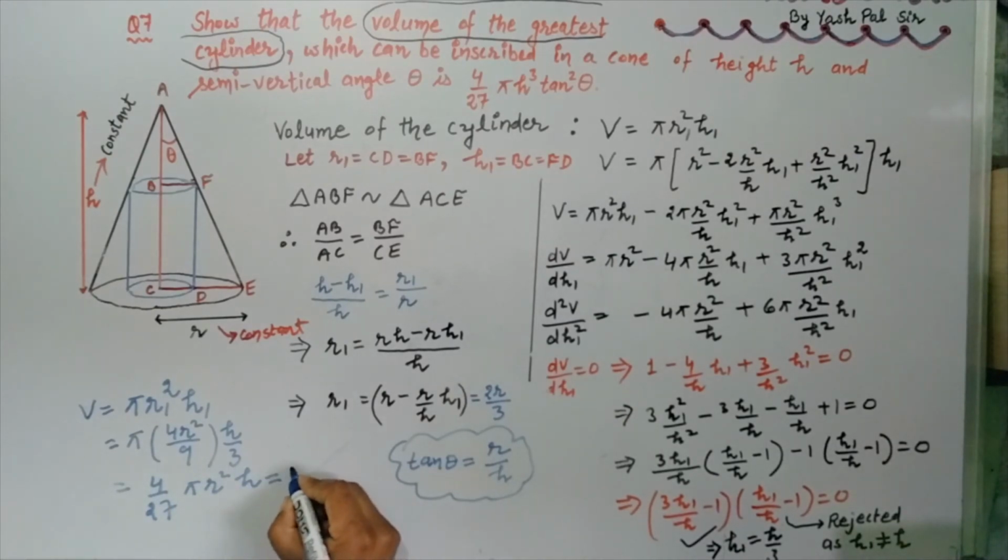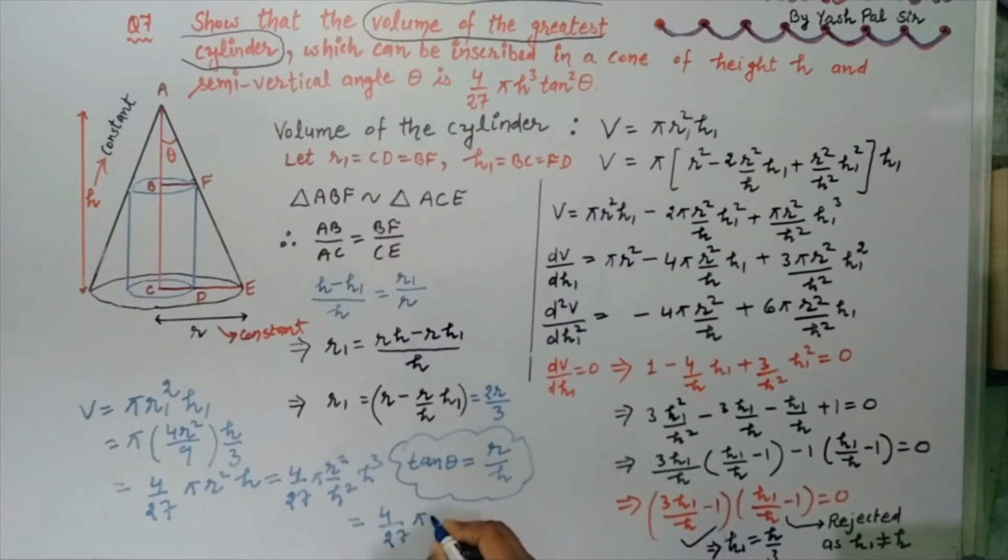So this becomes 4 upon 27 pi r square upon h square into h cube. Now r square upon h square mean tangent square theta. So conclusion is 4 upon 27 pi h cube into tangent square theta, right? So hence the result.